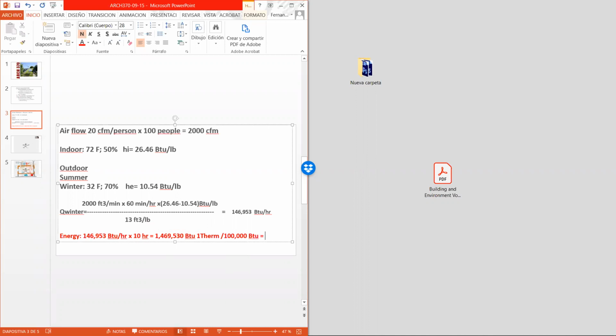So this is 14 therms. That sounds less scary. It's not that bad.